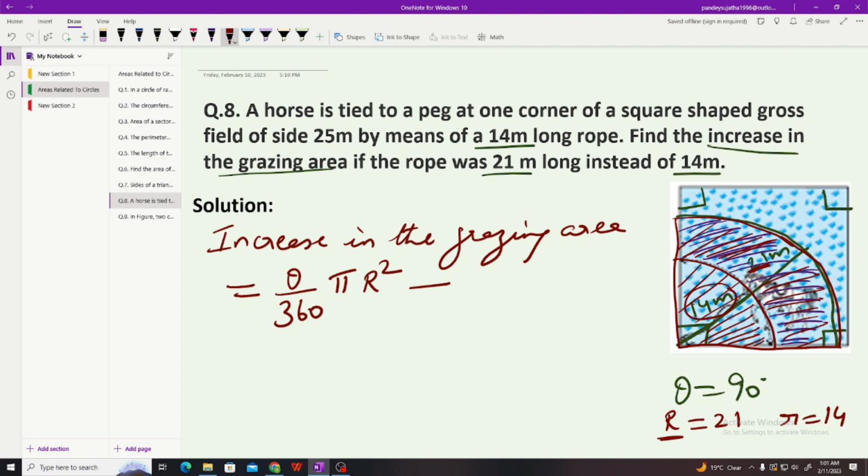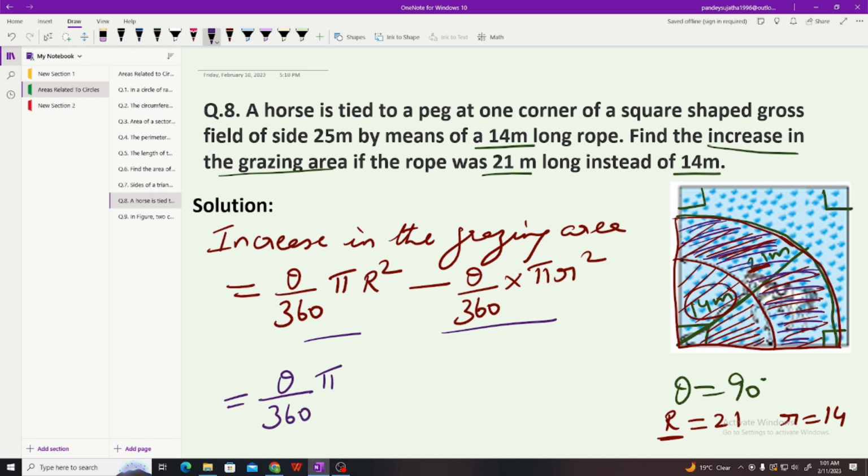So minus, we are going to subtract the area of sector with radius 14 meter, so theta upon 360 into pi r square. Just check that in these two terms, what is common? Theta upon 360 into pi is common, so take this out, and what we are left with in the bracket is R square minus r square.